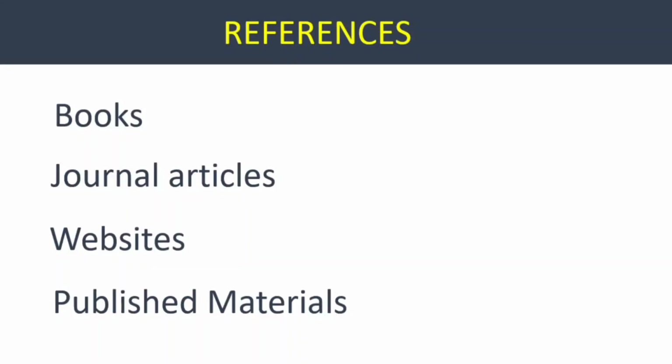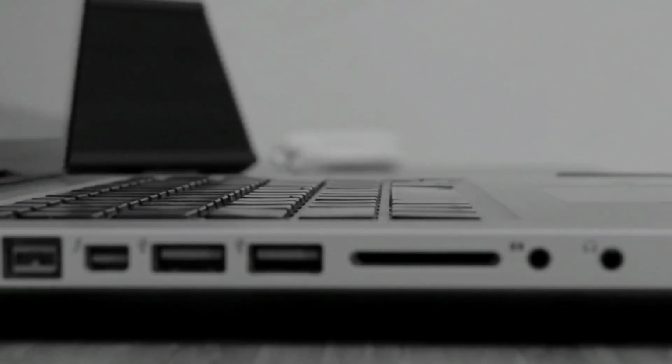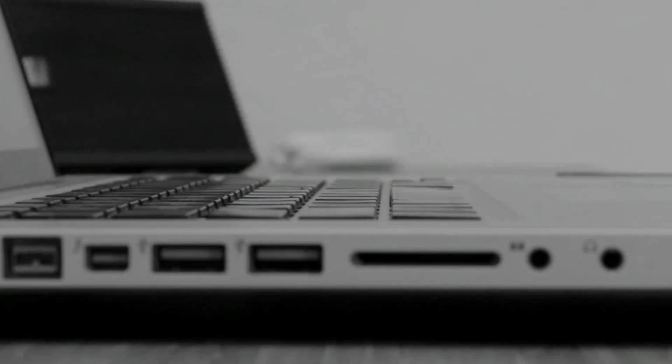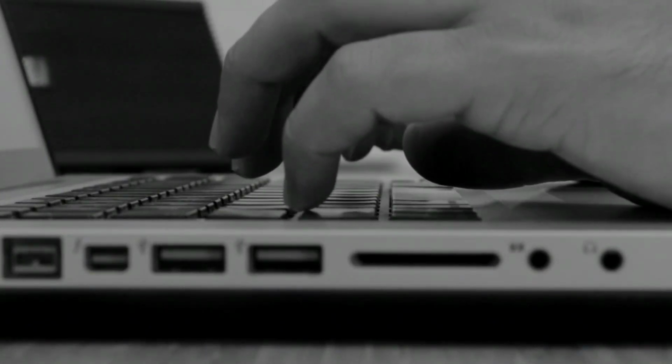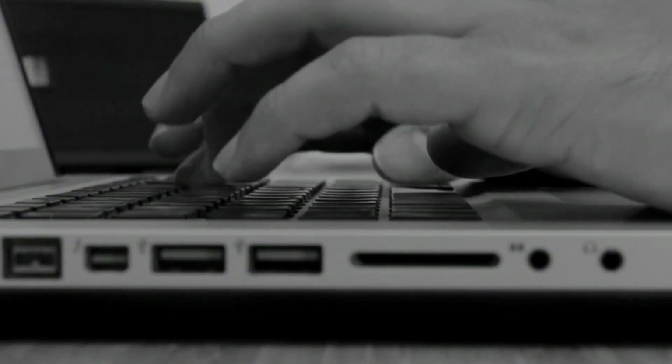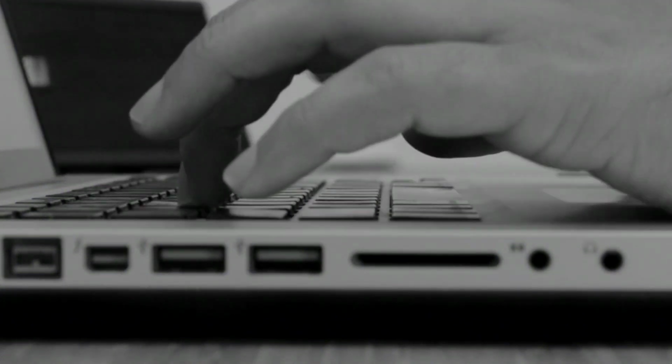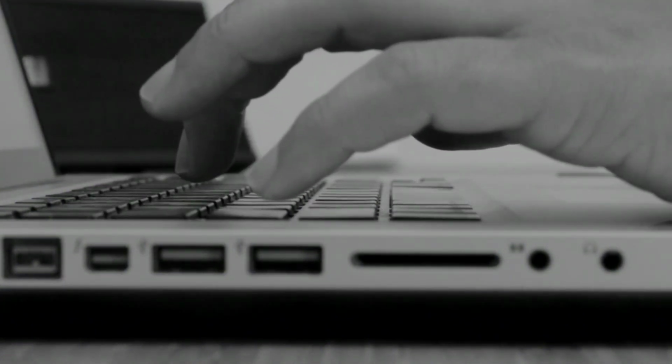So doing that will give credit to the owners of their work. Secondly, it also helps the readers to go to places they can find more information just by following your reference and referencing. So that's the reference and referencing part of the CENG report.